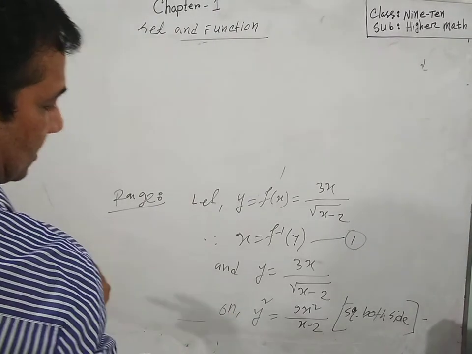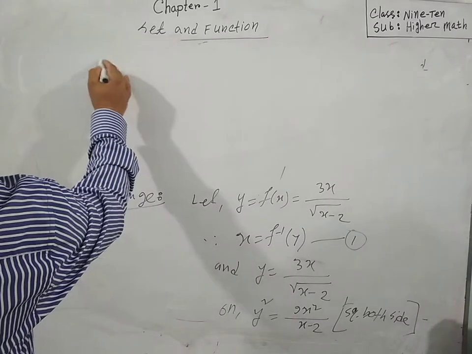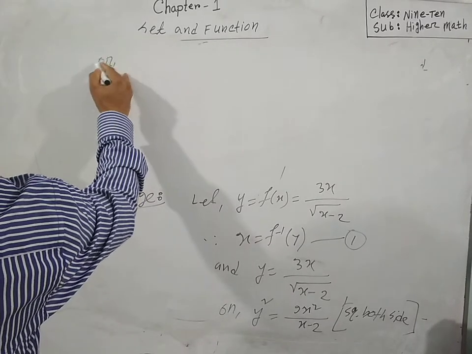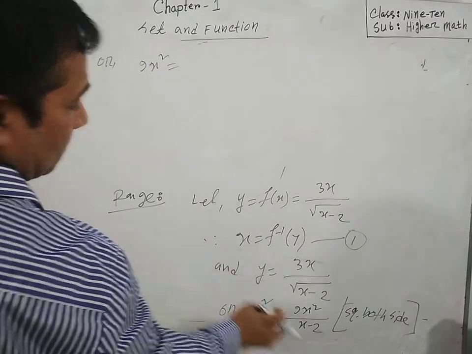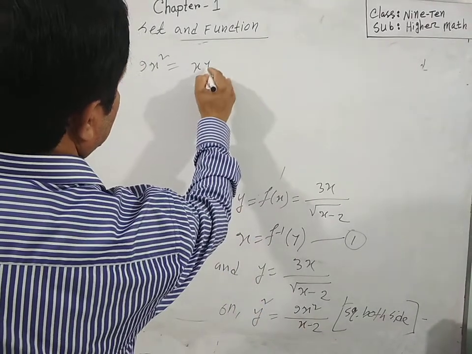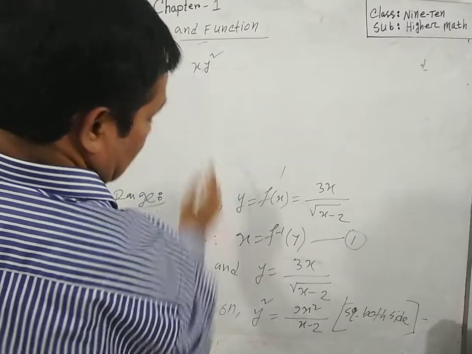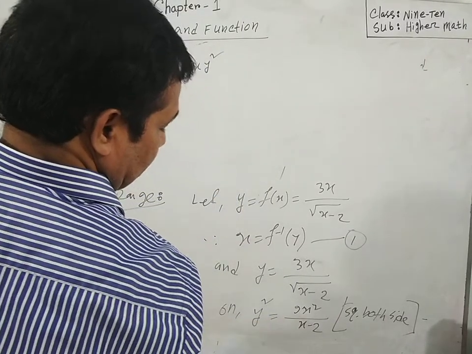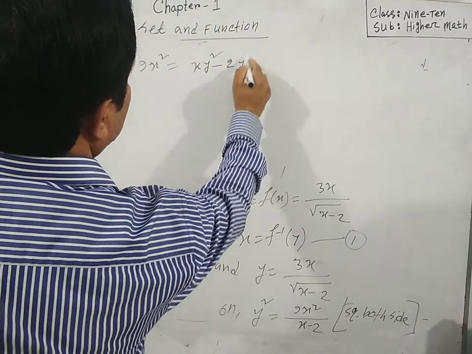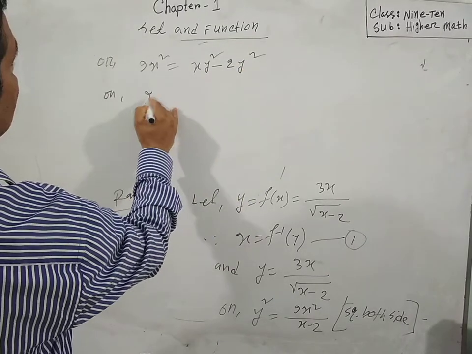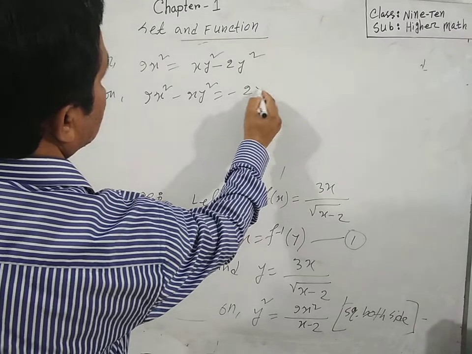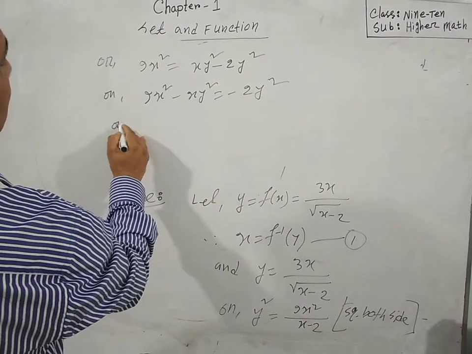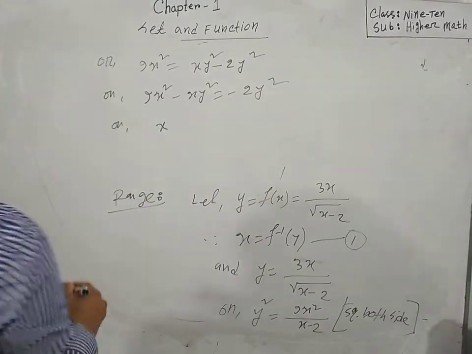Here cross multiplication: 9x squared equals y squared times (x minus 2), or 9x squared equals xy squared minus 2y squared. Here common x.